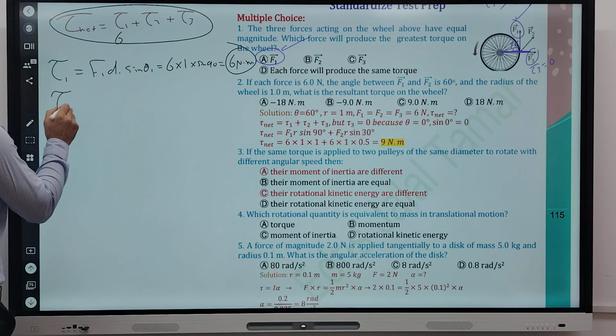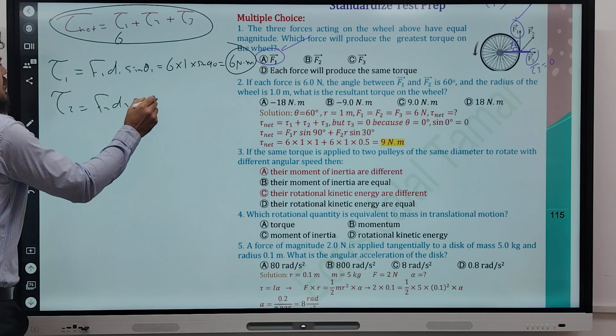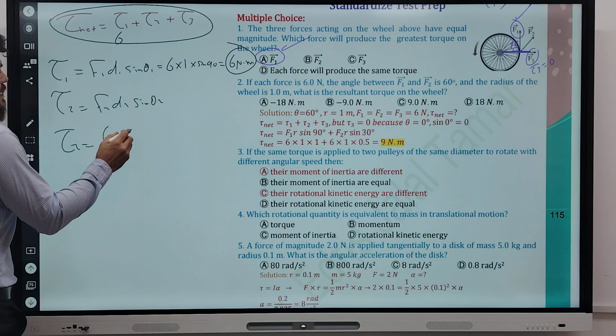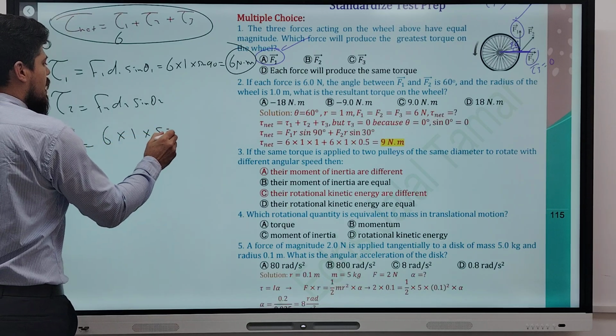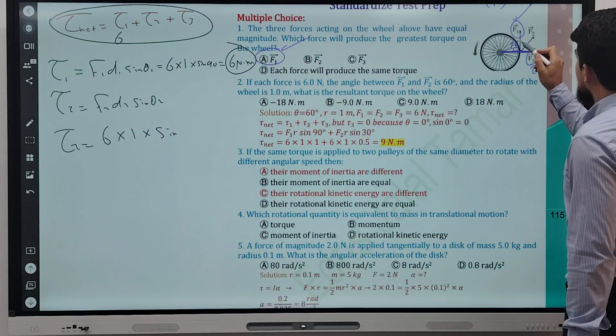Number 2, F2 D2 sine theta 2. F2 6 Newton, D 1 meter, sine the angle between F1 and F2 is given.